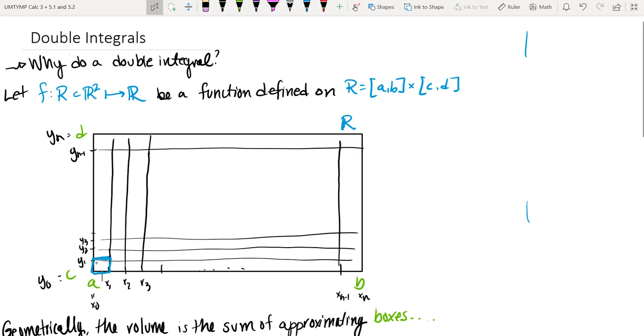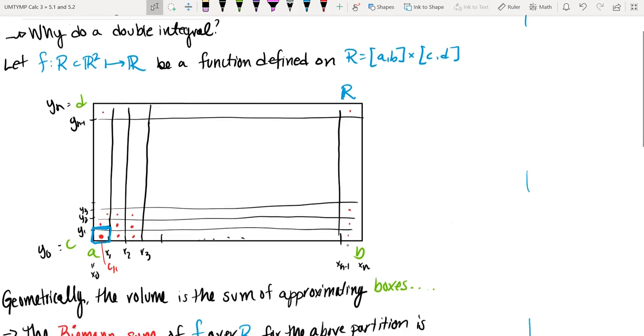That's actually what we did in Calc 1. We either use the left, the right, or the midpoint. Maybe I'm just going to use the midpoint here, and I'm going to call that c_{1,1}. Then I would proceed to pick test points in each of these, and those would be the places where, when I extend this region up to my surface, that point intersects the surface.